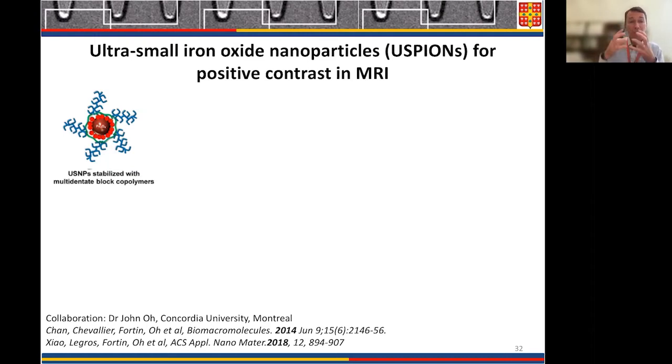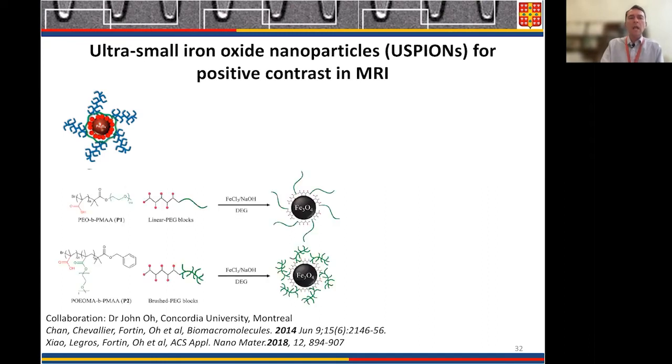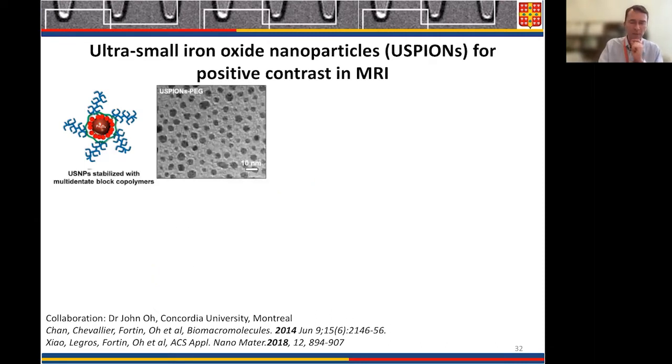And this improved stability is absolutely essential for the success of this technology. So we developed the ultra-small iron oxide nanoparticle synthesis, and they developed different types of polyethylene glycol PEG-based multidentate copolymers that provide a very, very strong stability to these ultra-small iron oxide nanoparticles.